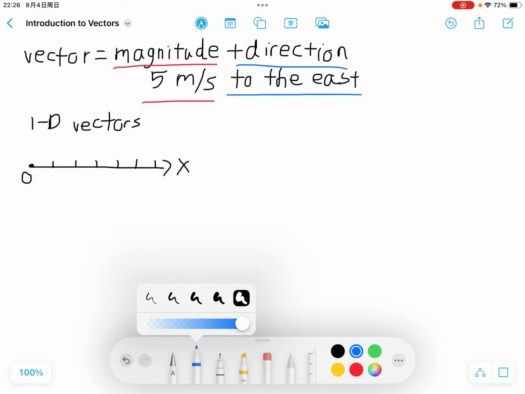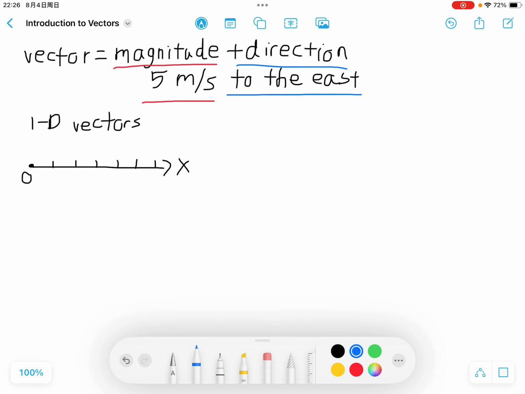Okay, so right now let's say I wanted a vector with a magnitude of 4 moving in the x direction. I don't exactly care where I start from, because as long as it has a magnitude of 4 and a direction in the x direction, then it's the same vector.